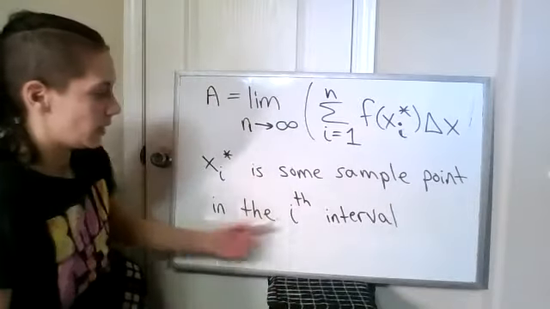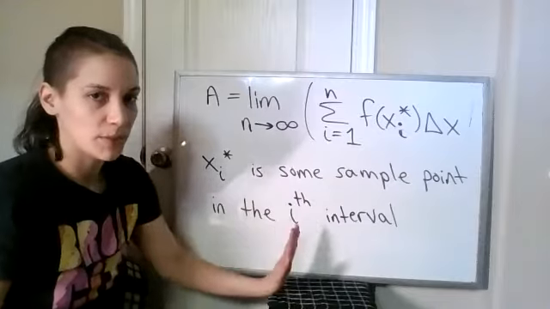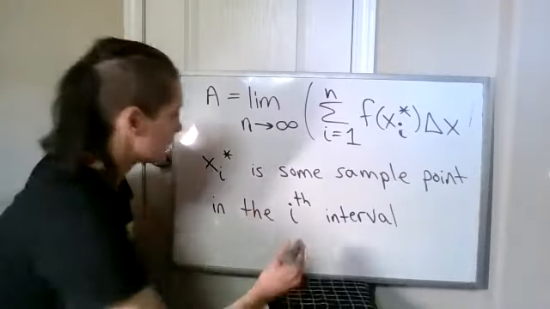Okay, so the ith interval goes from x of I minus 1 to x of I and includes both of the endpoints.